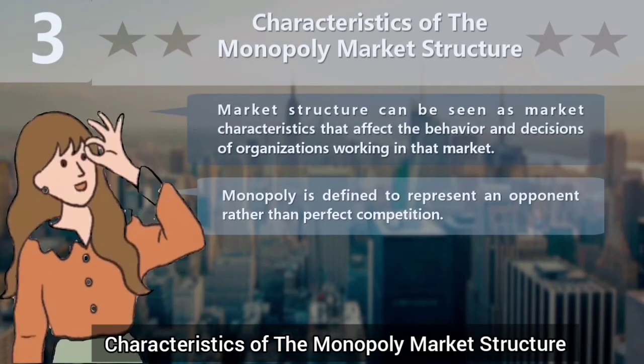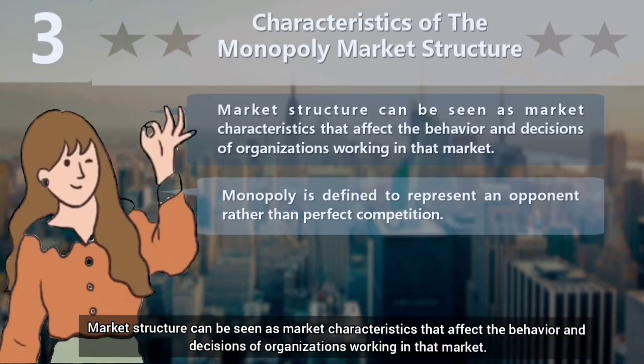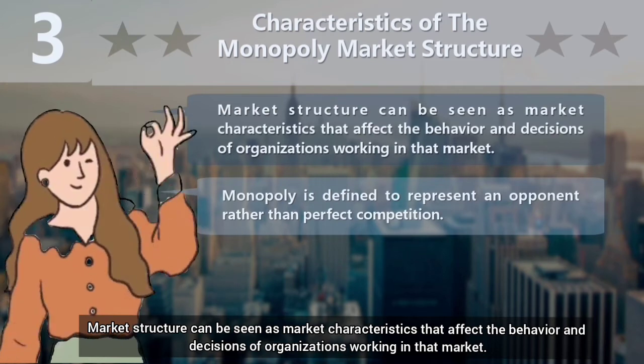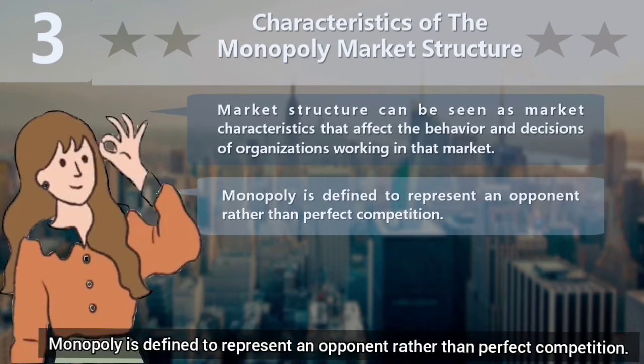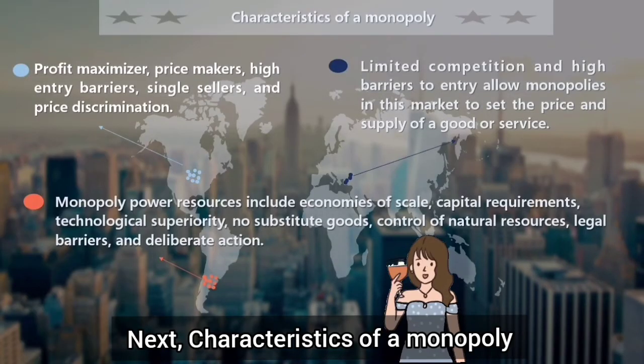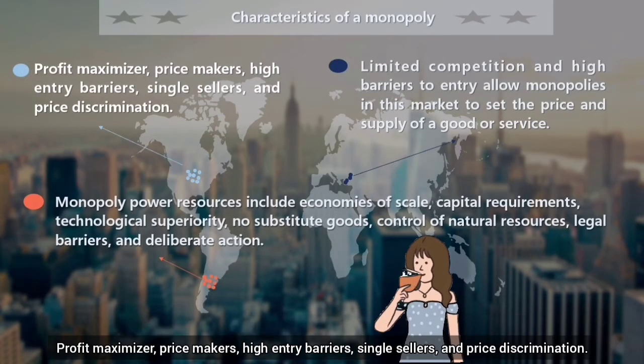Characteristics of the monopoly market structure. Market structure can be seen as market characteristics that affect the behavior and decisions of organizations working in that market. Monopoly is defined as the opposite of perfect competition. Next, characteristics of monopoly: profit maximizer, price makers, high entry barriers, single sellers, and price discrimination.